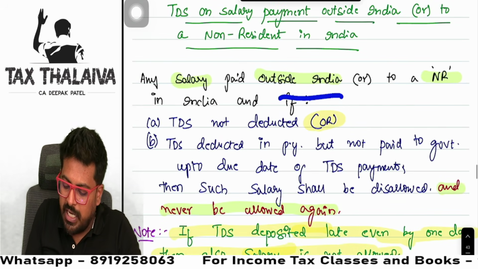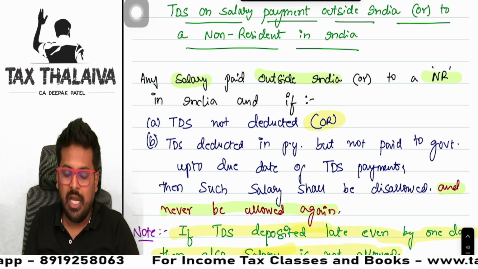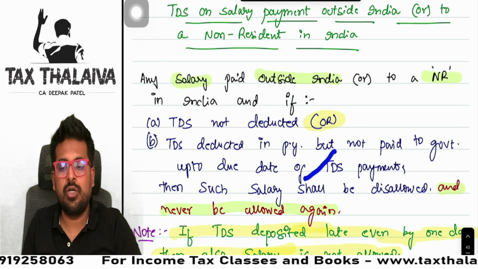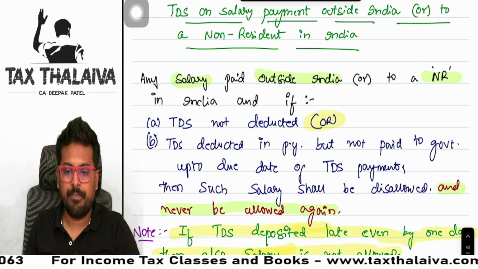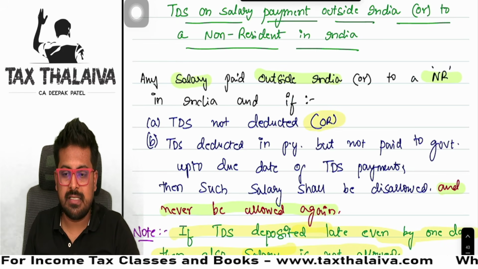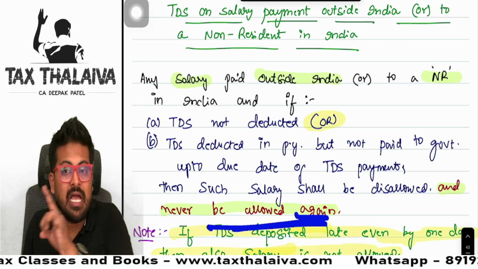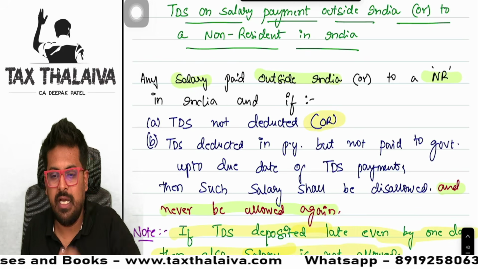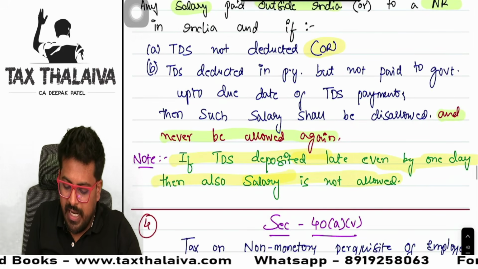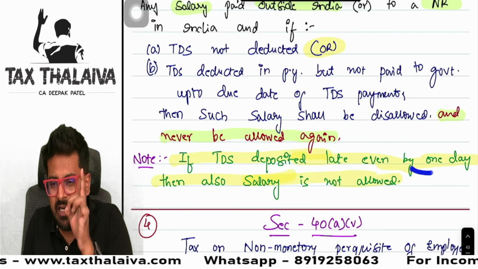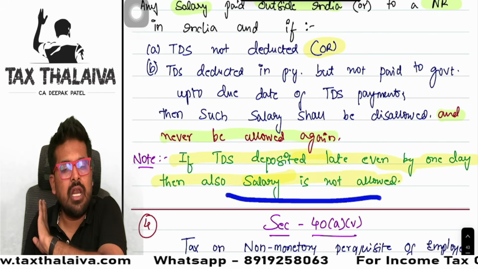Any salary paid outside India or to a non-resident, if TDS is not deducted or you deducted but not deposited, in that case, salary will be totally disallowed and never be allowed again, even if you deposit the TDS late. If TDS is deposited late even by 1 day, guys, salary is not allowed for lifetime.